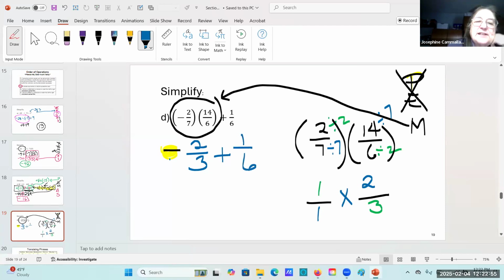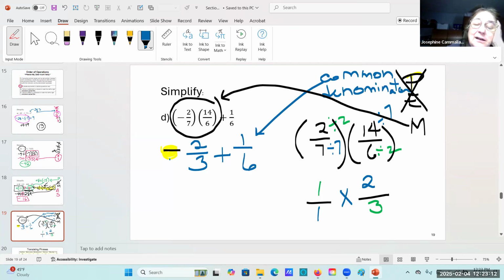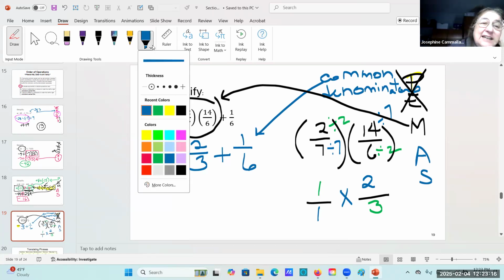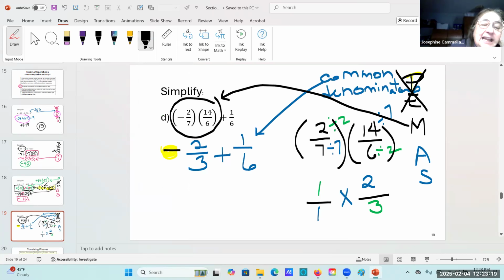plus 1/6. This line needs common denominators. Because we're adding and subtracting. I have a negative plus a positive times 2 times 2.